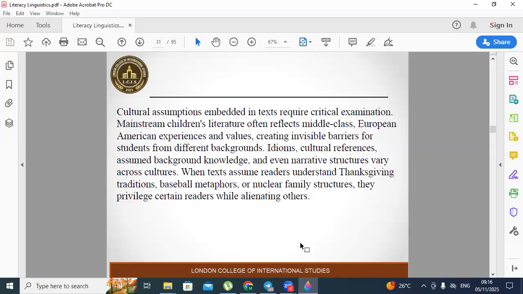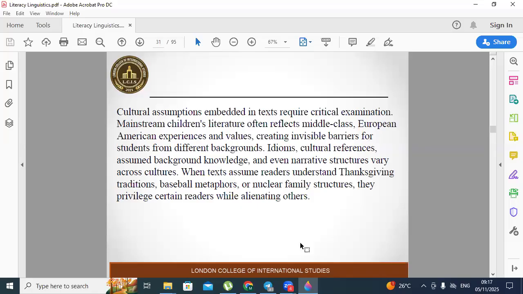Some include extensive tangential details Western audiences might consider irrelevant. When students from cultures with different narrative traditions encounter Western story structures in school, they may struggle not because they lack comprehension skills, but because the structure is unfamiliar.